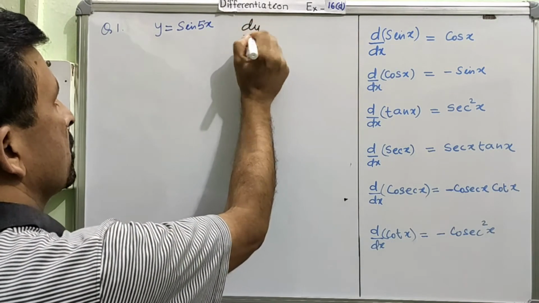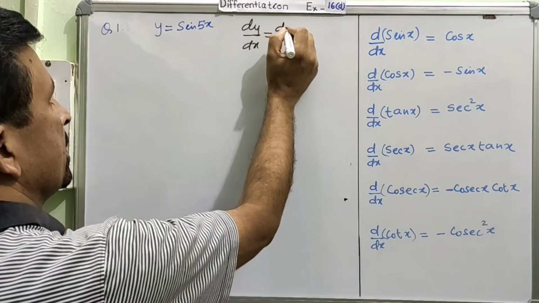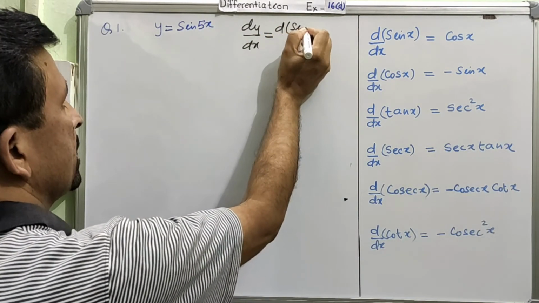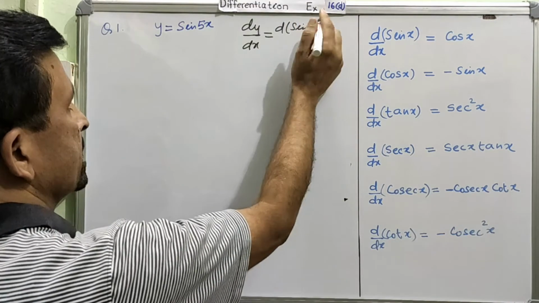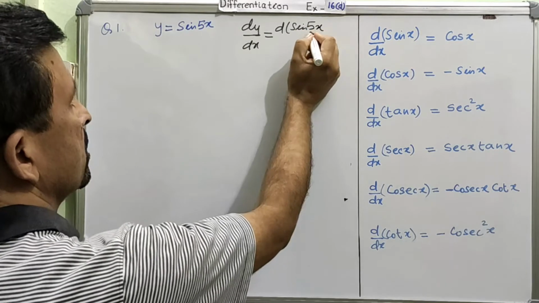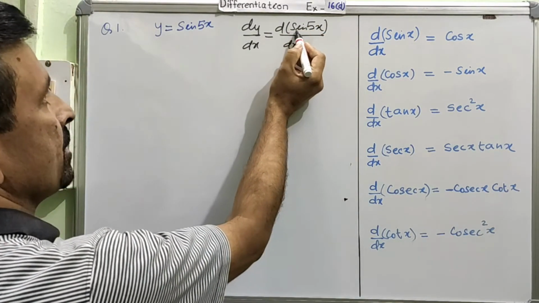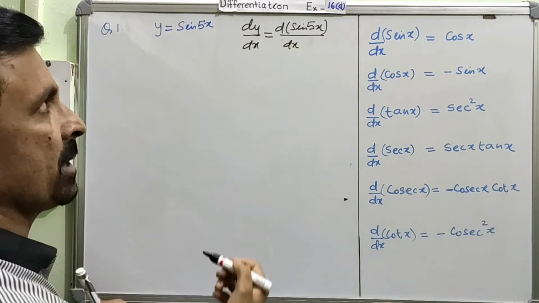dy by dx is equal to the derivative of sin 5x. First we find the derivative of sine and then we find the derivative of the angle.